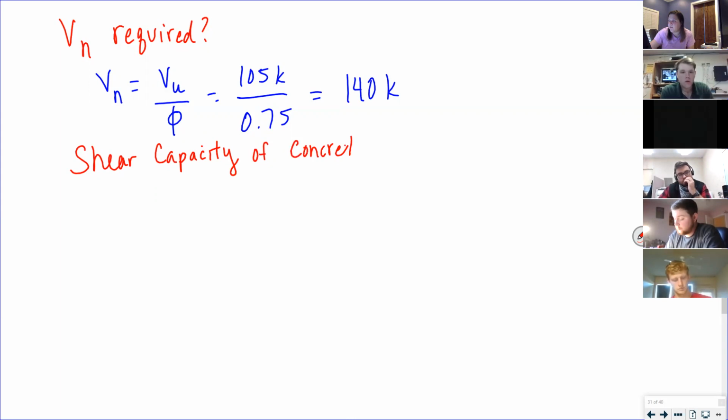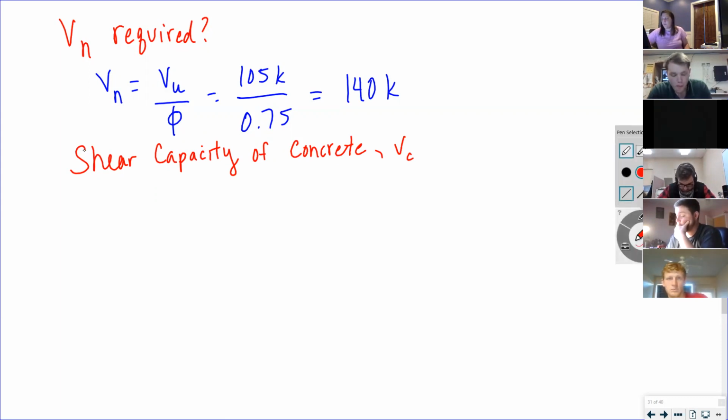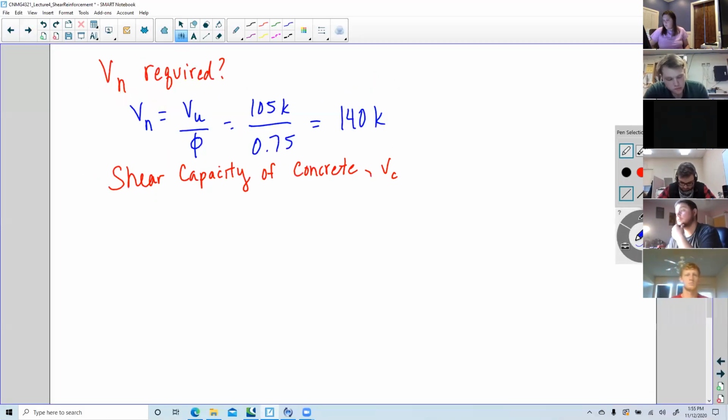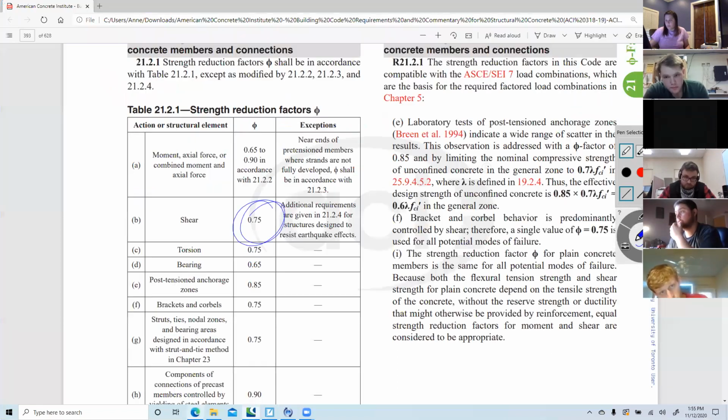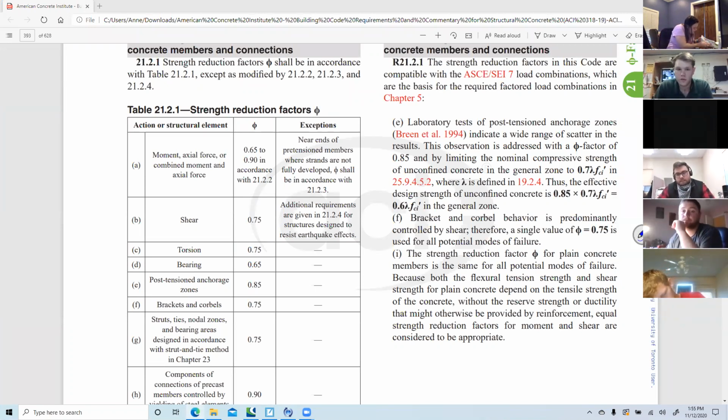How much can I count on from my concrete? Because that will determine if I even need shear reinforcement at all. Vc is on page 404.